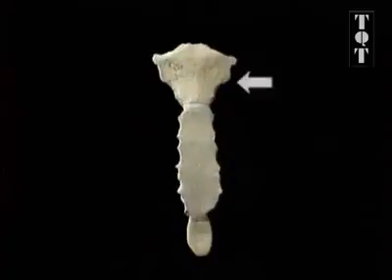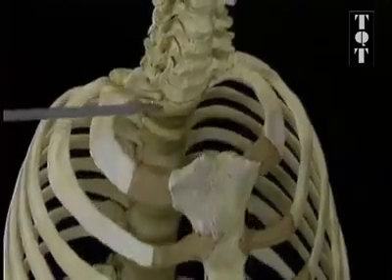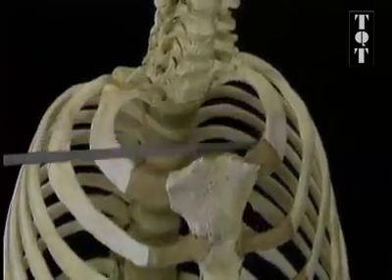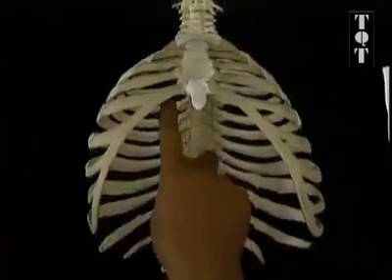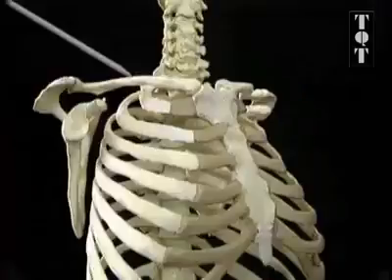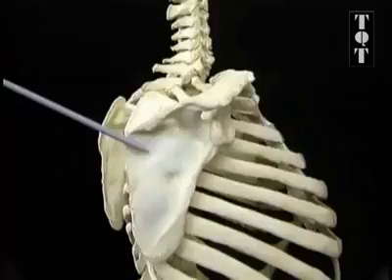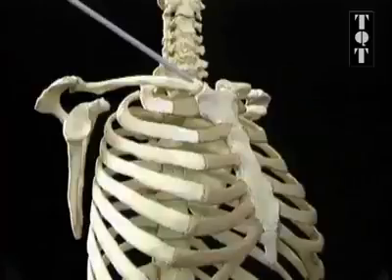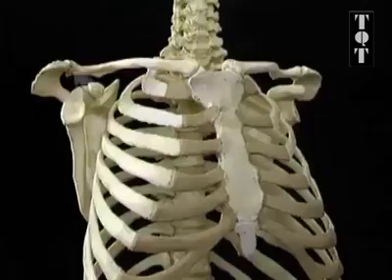Here's the sternum, the manubrium, the body, and the xiphoid process. The upper thoracic aperture and the lower thoracic aperture. Here's the clavicle, the scapula, the sternoclavicular joint, and the acromioclavicular joint.